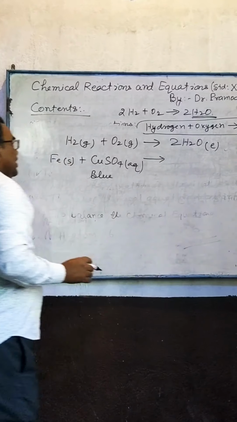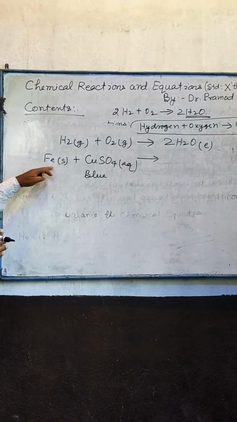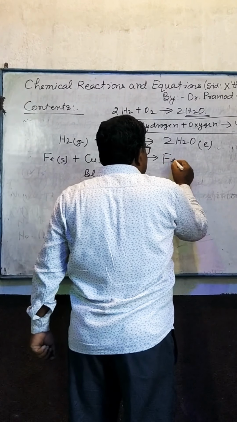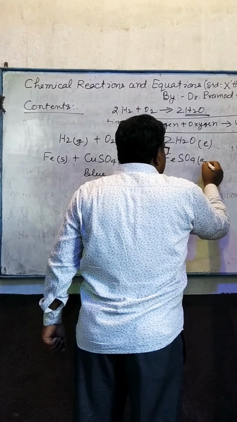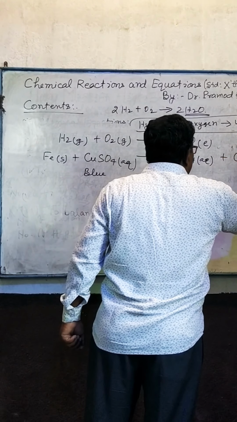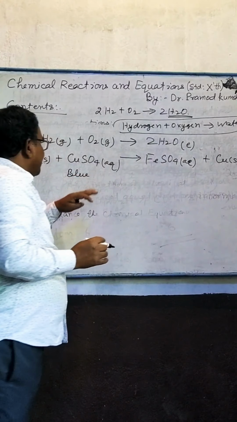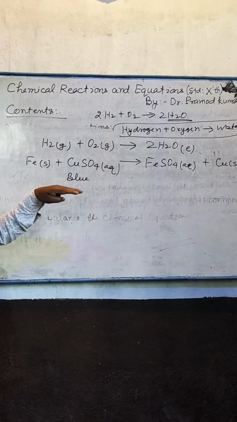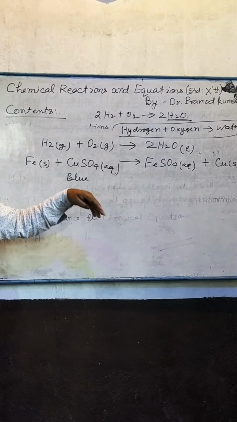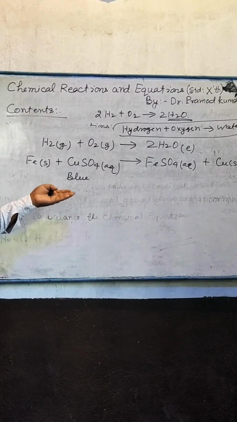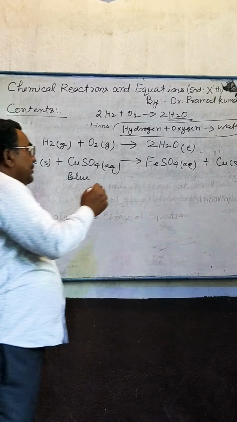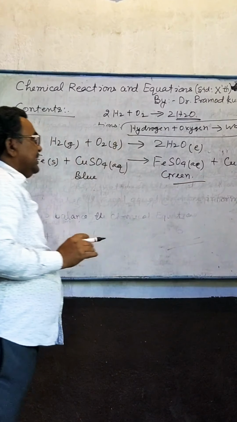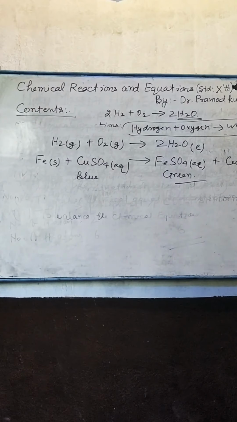After some time a chemical reaction takes place and iron displaces copper, forming ferrous sulfate and copper. During this chemical reaction, the blue color of copper sulfate gradually becomes faint and after some time develops a green color because ferrous sulfate is green. So in this chemical reaction, change in color takes place.